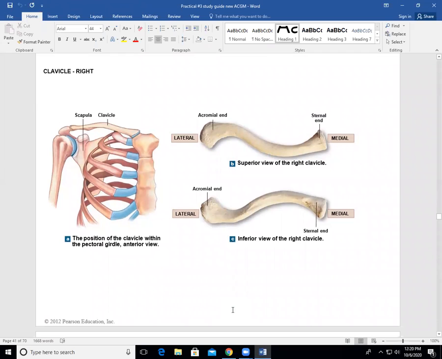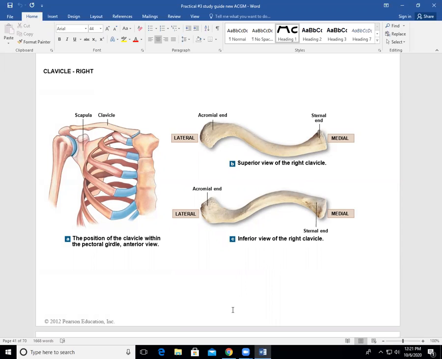So let's start with the clavicle. You should all have a box at your table. You can open that box up. If your box doesn't have a clavicle, then you can check the skeleton. Skeletons all have a clavicle. So the clavicle looks kind of like a rib, but it's not.